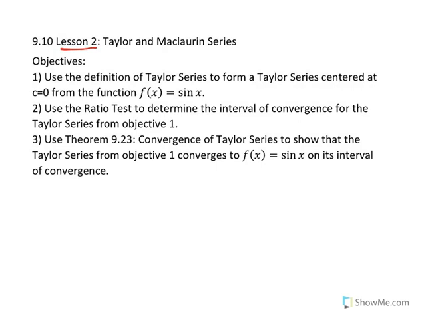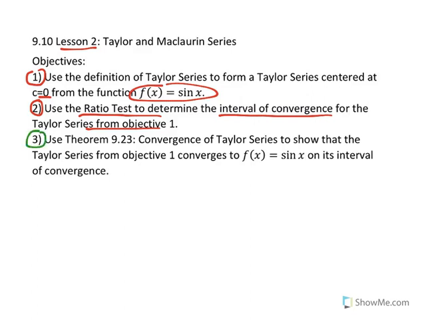So today we looked at lesson 2, and our objectives were 1 and 2, which we saw in lesson 1: use the definition of Taylor series to form a Taylor series centered at c equal to 0 from the function sine x. And yesterday we used the ratio test to determine that the interval of convergence for that Taylor series was all real numbers.